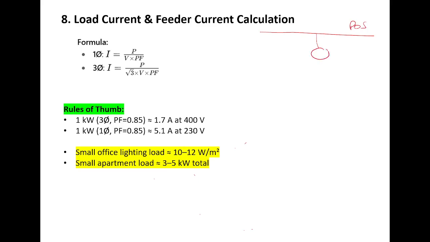It is my transformer. It is my main distribution panel, and this is the bus bar of my main distribution panel. Then it is distributing electrical energy to my other sub panels. Here my sub panels, here my sub panels, here my sub panels, and here it is supplying to my load.